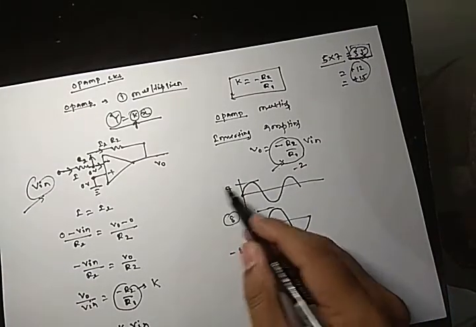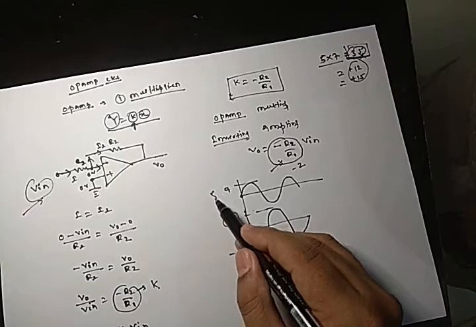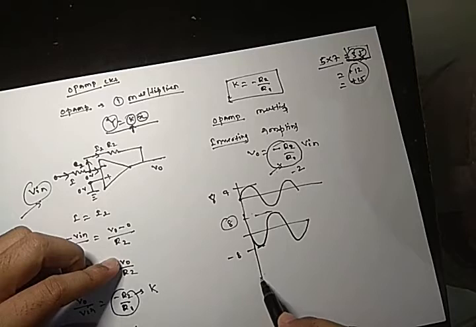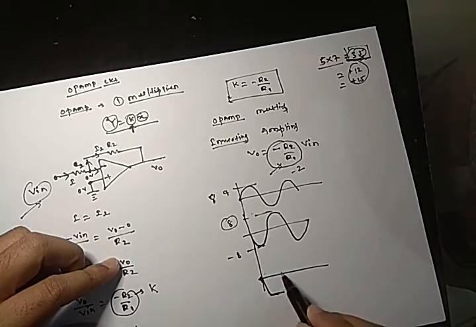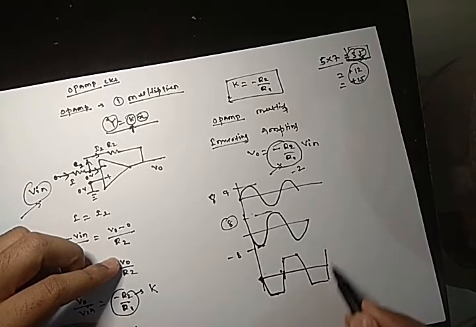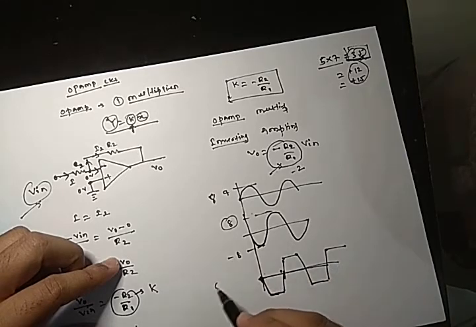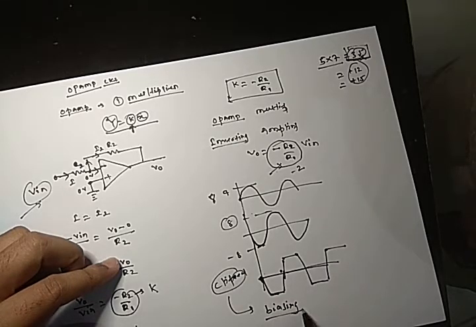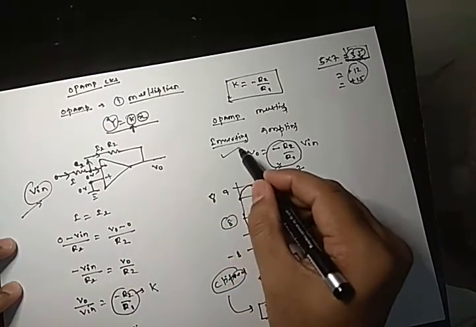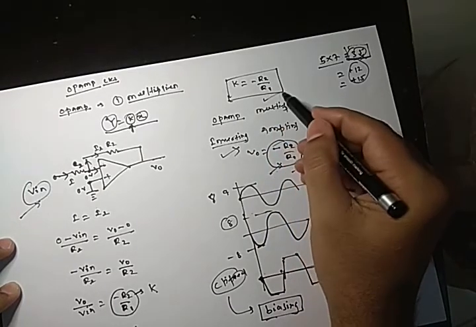But if we give, say, 8 as a voltage, then our voltage will be clipped. We will see all these things in simulation. Clipping occurs because of biasing. So we have learned that this is your inverting amplifier as well as the multiplier circuit.